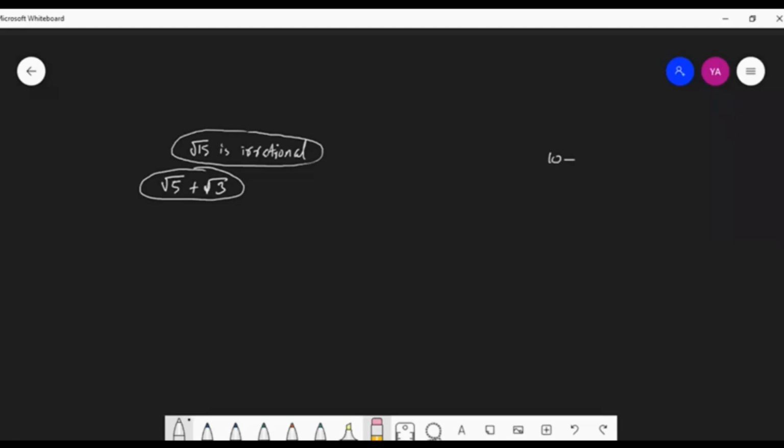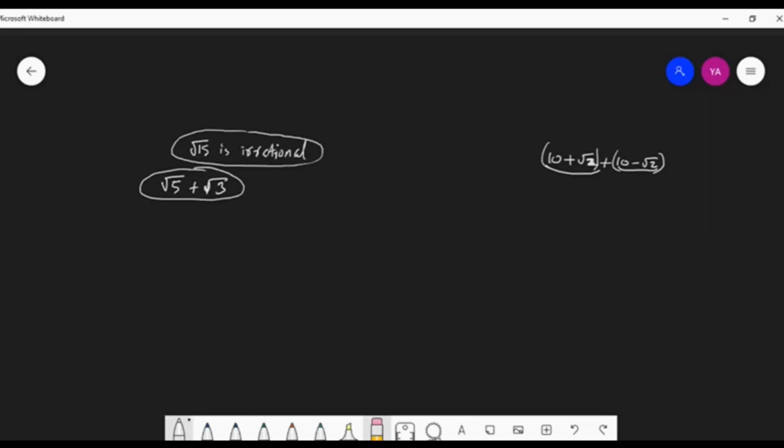Suppose 10 plus root 2, considered as a single number, and 10 minus root 2, this difference also considered as a single number. If you add these two, that means adding two irrational numbers.